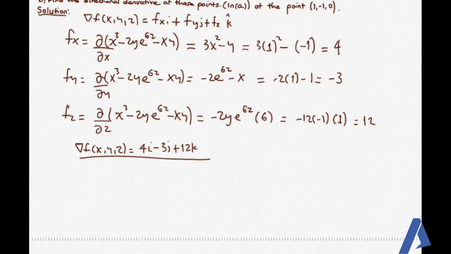This is the direction of the maximum rate of change. While the direction of the minimum rate of change will be the negative of this, which is minus 4 in the i plus 3 in the j minus 12 in the k.